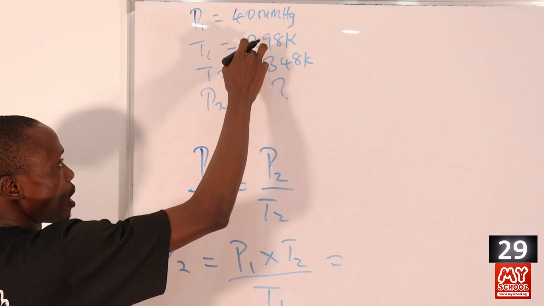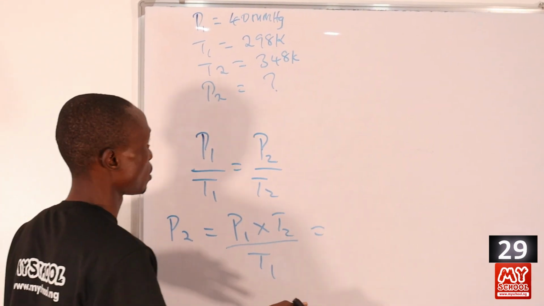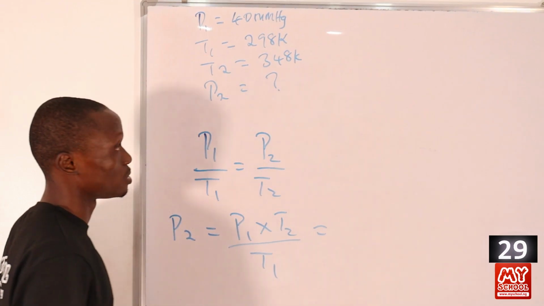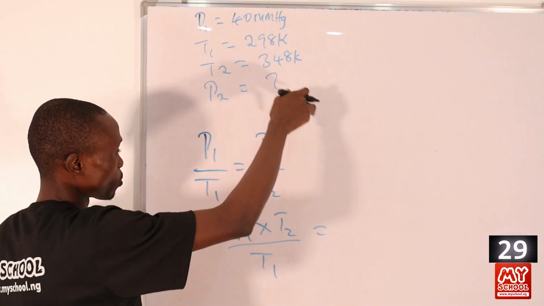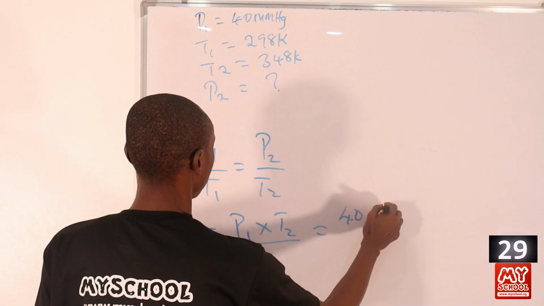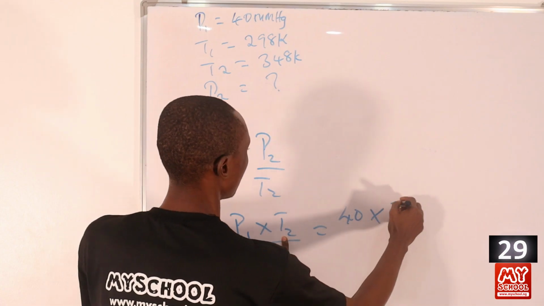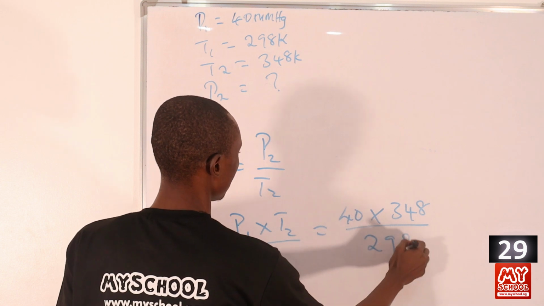Now, if you look at our temperatures, they're already given to us in Kelvin, so there's no need for us to convert. But if they were given to us in degrees Celsius, then in that case, we have to convert it from degrees Celsius to Kelvin. So let's substitute our value. So here we're having 40 times T2 is 348, then divided by 298.